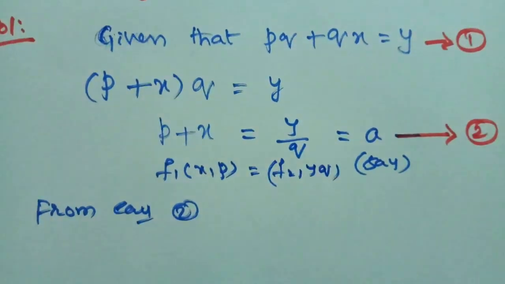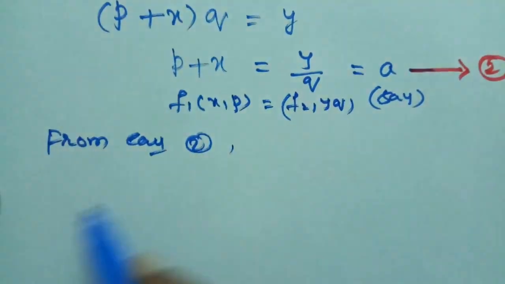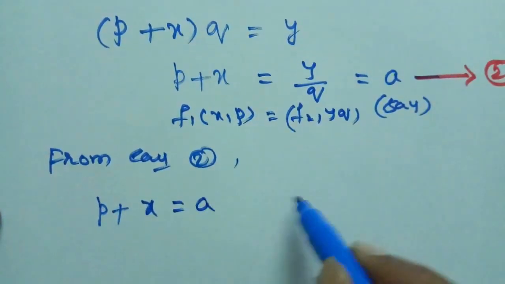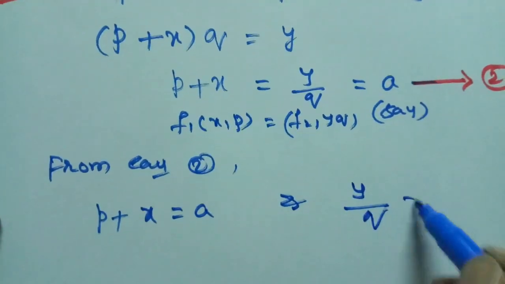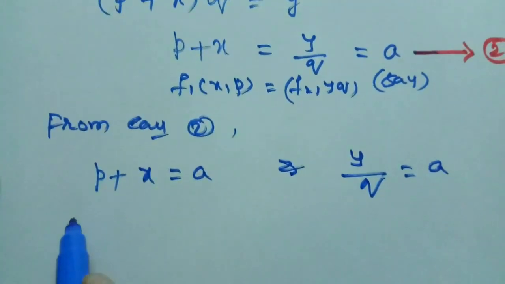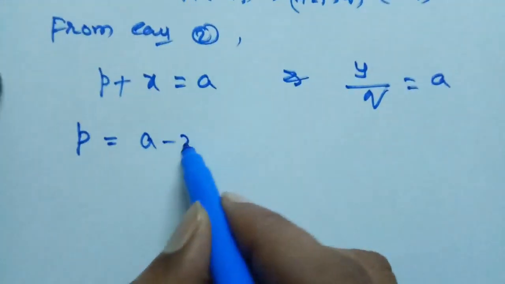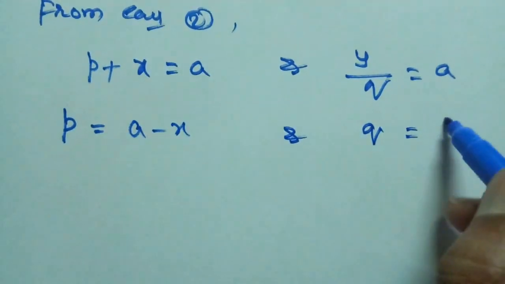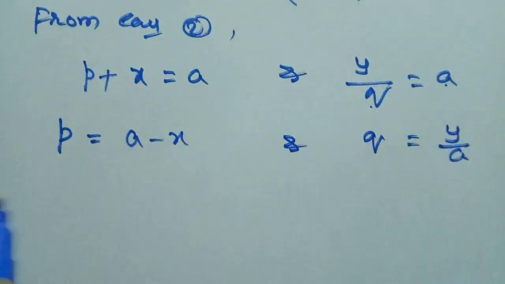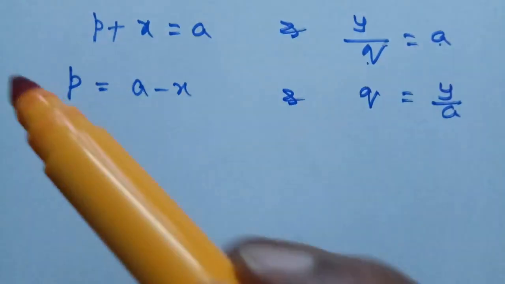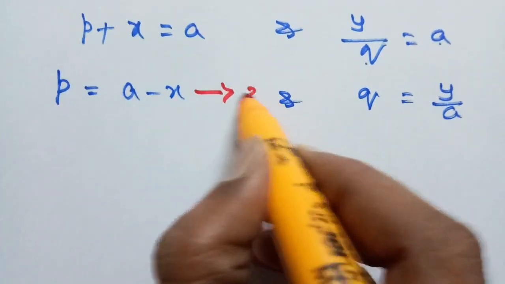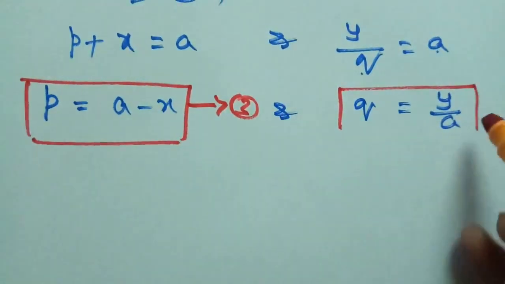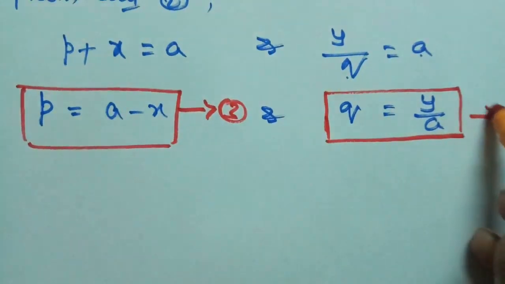We are assuming that this has an arbitrary constant a. From equation 2, this can be written as p plus x is equal to a and y by q is equal to a. Therefore, from this, p is equal to a minus x and q is equal to y by a by cross multiplication. Say this is equation number 3 and this is equation number 4.